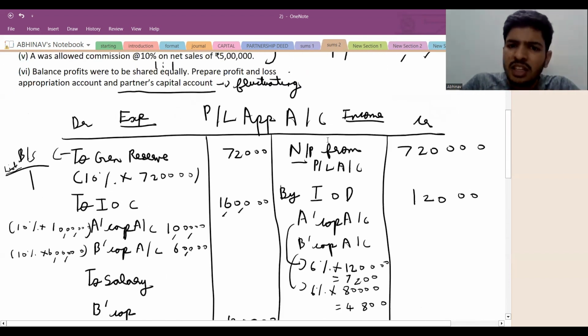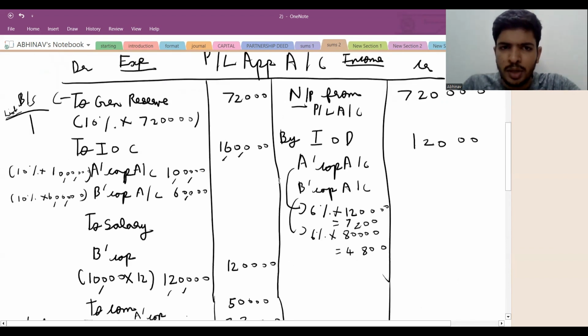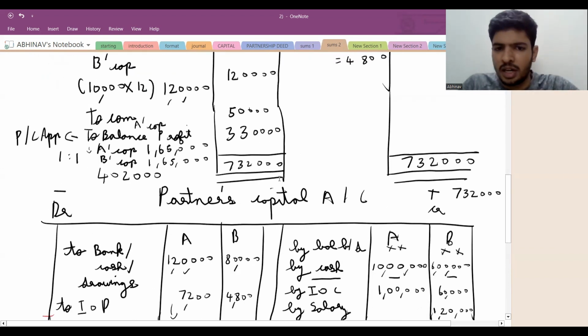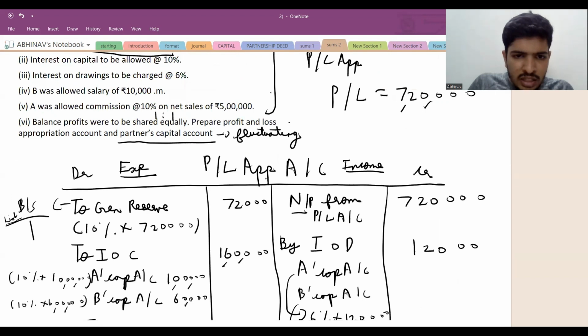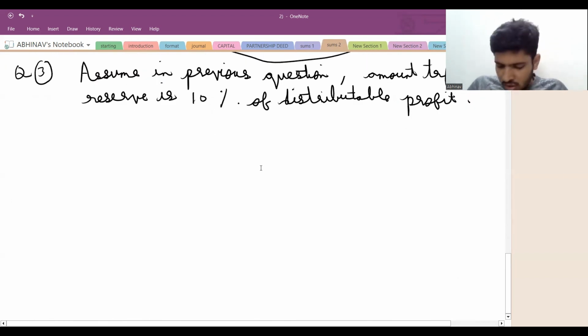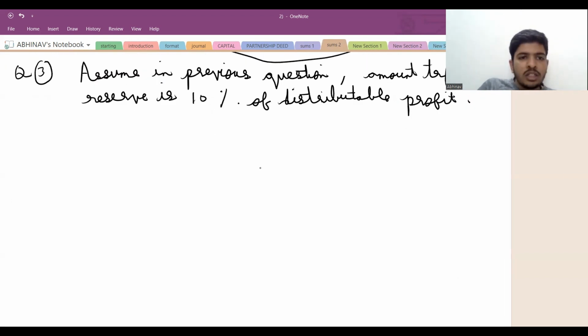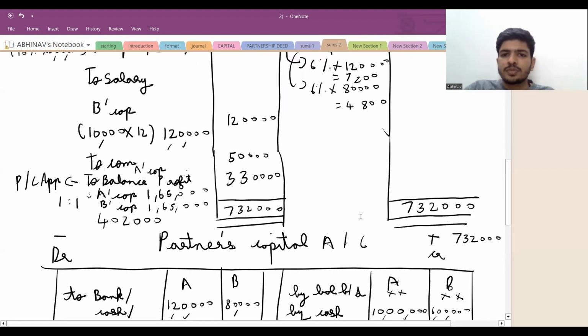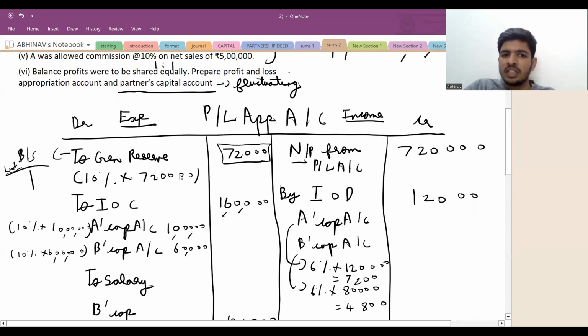Now, everything is the same. All P&L appropriation account and partners capital account will have the same entries. Only this value will change. So I'm just going to solve for this value. So what this essentially means is general reserve, when they tell me to take 10% of net profit, we directly took 10 percentage of 7,20,000 and got 72,000.